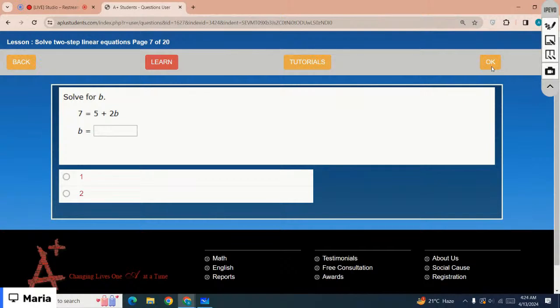Yes, the correct option is 1. Option number 1 is the correct option.